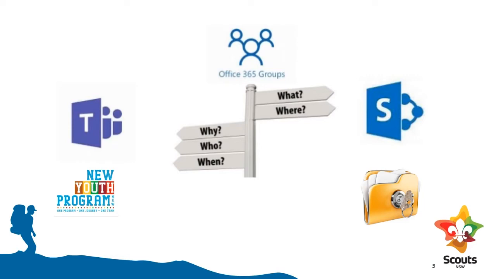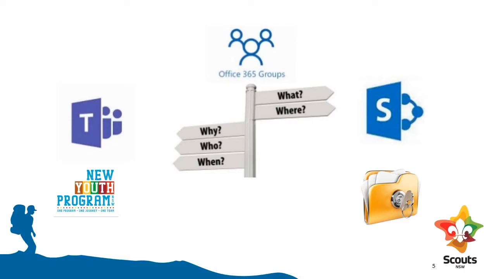So when we say associated with the youth program, that might be things like past program resources or past programs, those sorts of things. They should also live in the Teams area. And with the Leader and Committee hub, we've actually gone through and worked out some suggested file structures for you.